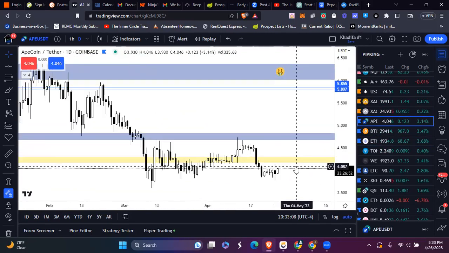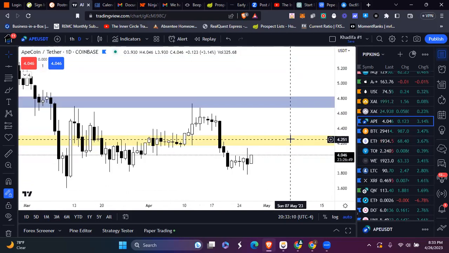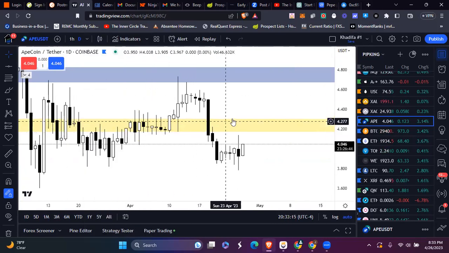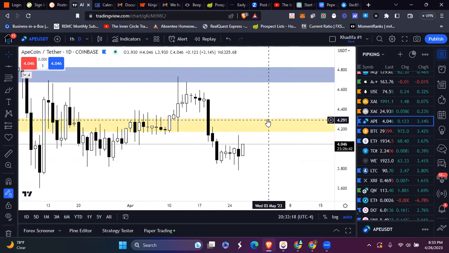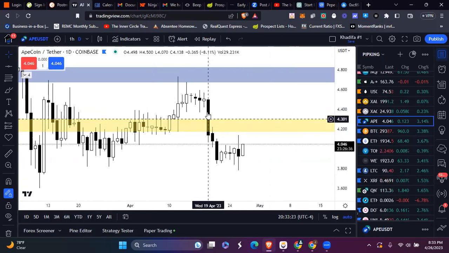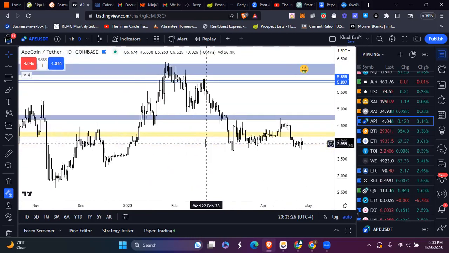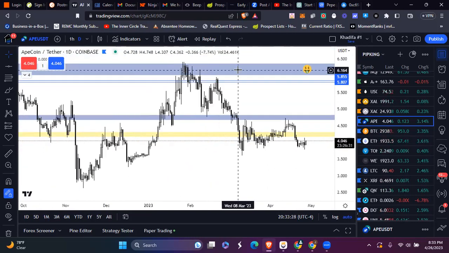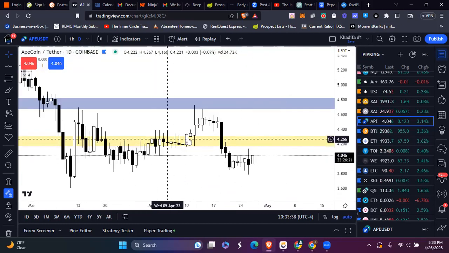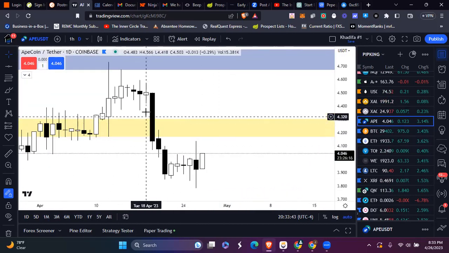We've got to get back above 420 first, or 430 up in here. Let's see if we can get back above this market structure. We do have this fair value gap right here.